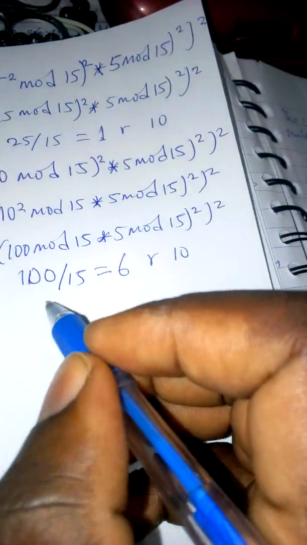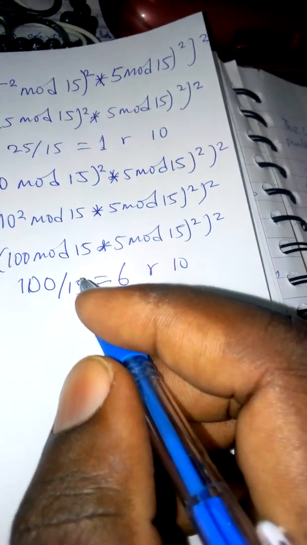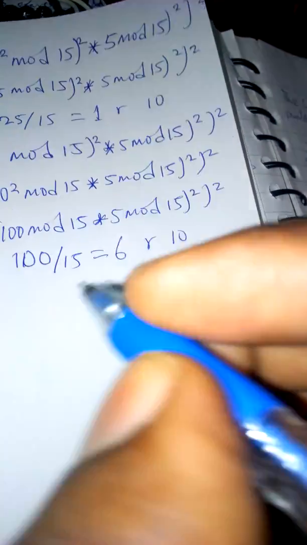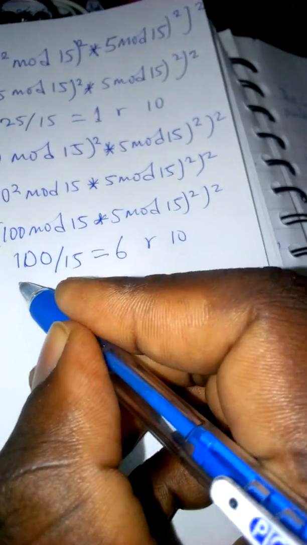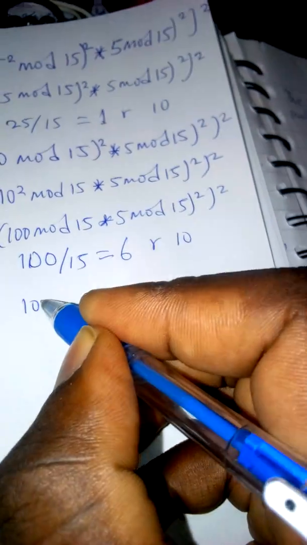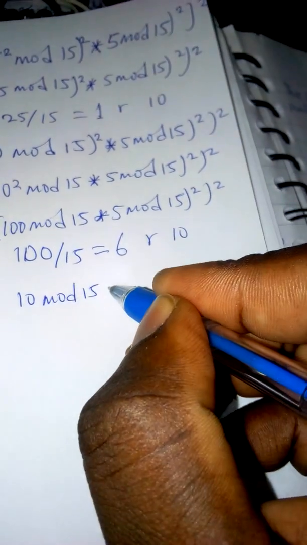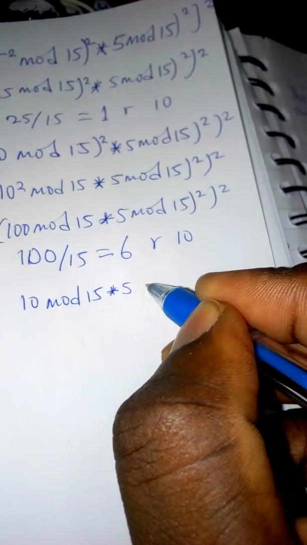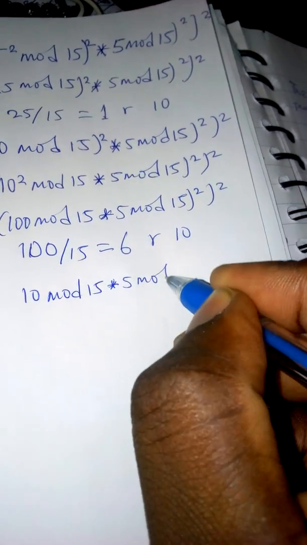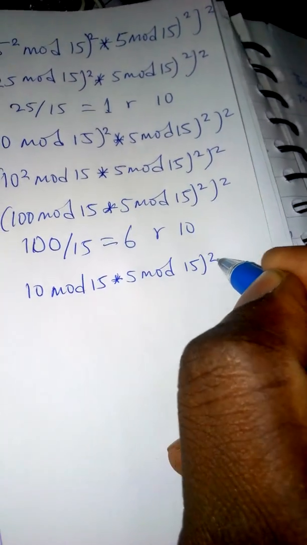So now we're going to use this 10 instead of 100: 10 mod 15 times 5 mod 15, squared.